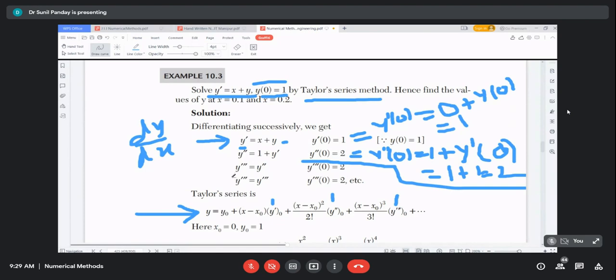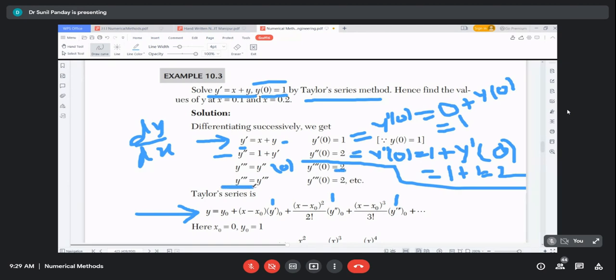Similarly, you can calculate y triple dash 0. If I differentiate this one more time, I will get this. So if I calculate at 0, y triple dash at 0 equals y double dash at 0, and the value of y double dash 0 is 2.